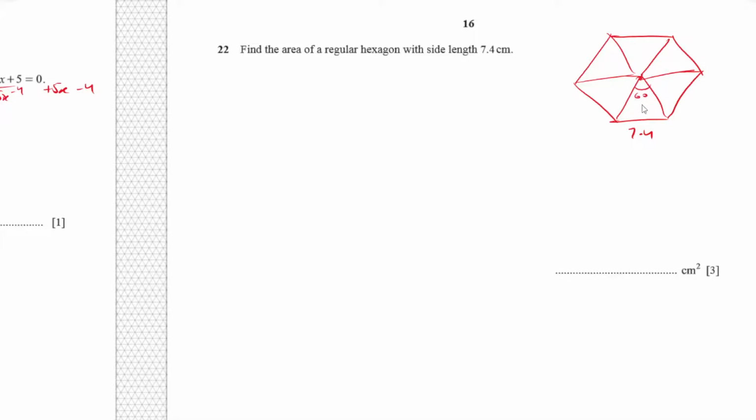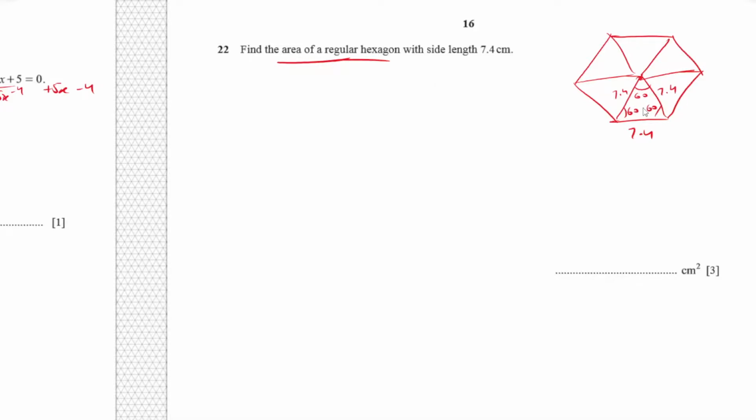And we know that is 60 each. And we also know that's going to be 7.4 each, because of course it's an equilateral. That's a fact. All the regular hexagons, not every hexagon, have these equilateral triangles.